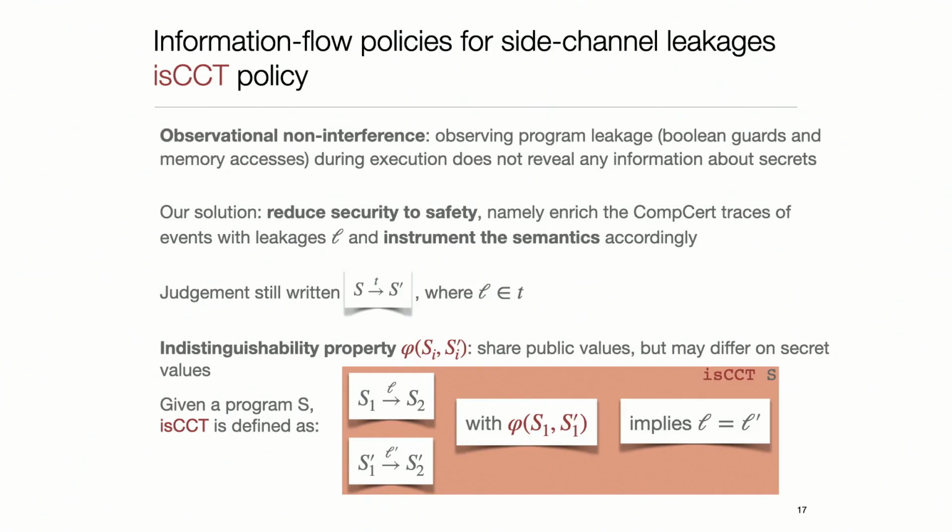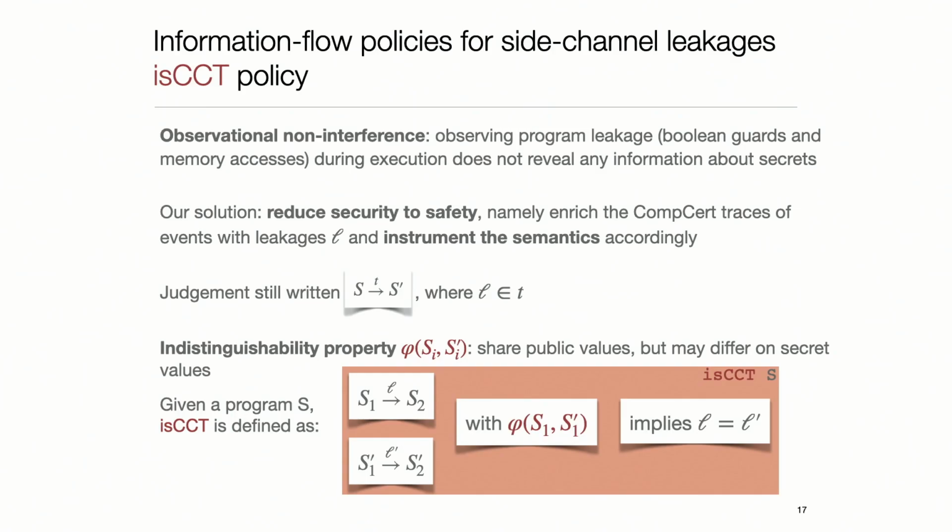We enrich the CompCert traces of events with leakages, meaning that we have slightly updated the semantics to compute all the possible leakages among the semantic rules. So now we have two kinds of events in the trace: on the one hand, the external events of CompCert, plus the leakages that also belong to the trace of events. But we still have the same semantic judgment, meaning that we can reuse all that we had before, for instance, to describe the program execution.